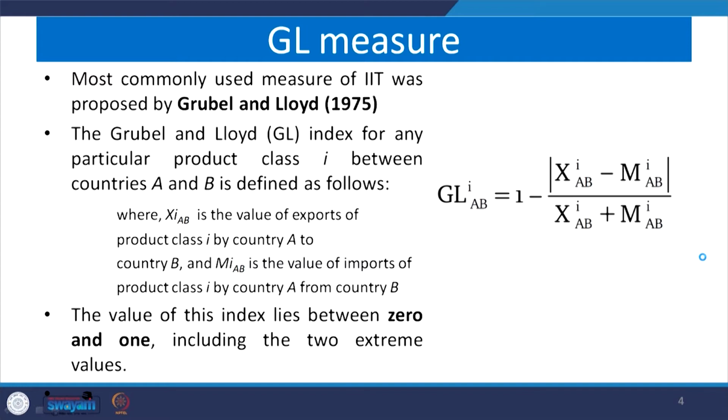They initiated it in the year 1975, and they developed an index based on the export and import basket, taking a ratio of the net trade to the total trade, net trade divided by total trade, or the volume of trade. Based on that they defined the index.